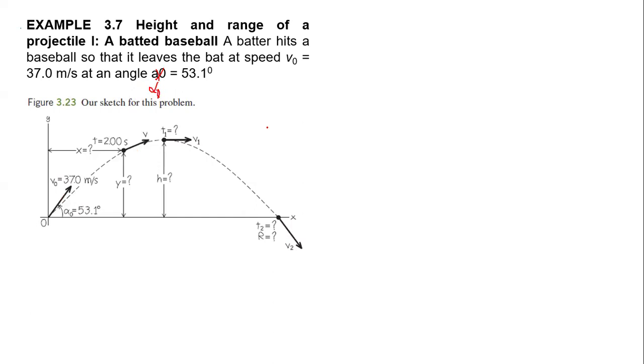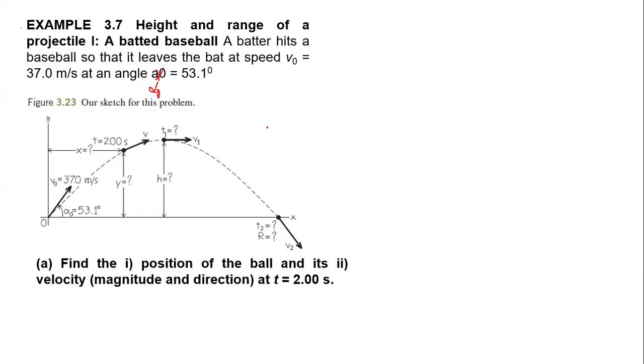So you are given an initial velocity of 37.0 meters per second and the angle, which is 53.1. Find the position of the ball and its velocity, in terms of magnitude and direction, at t equal to 2.0 seconds.